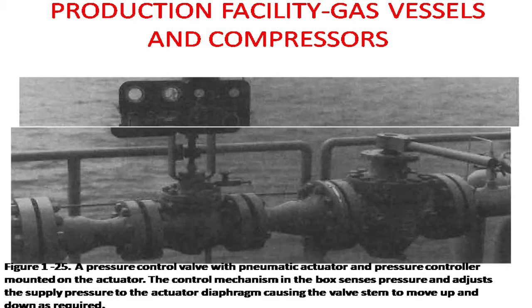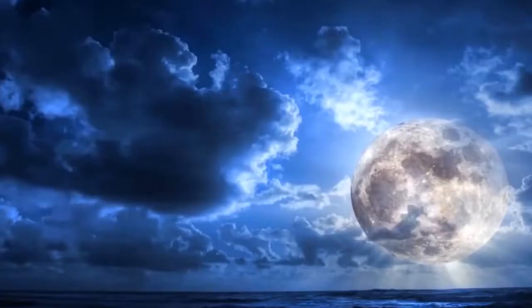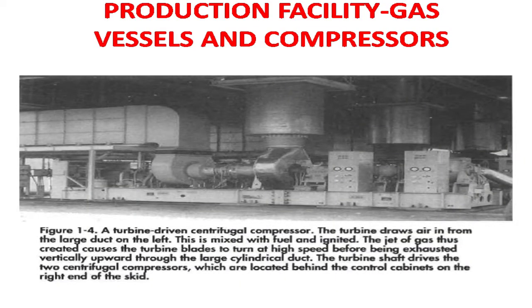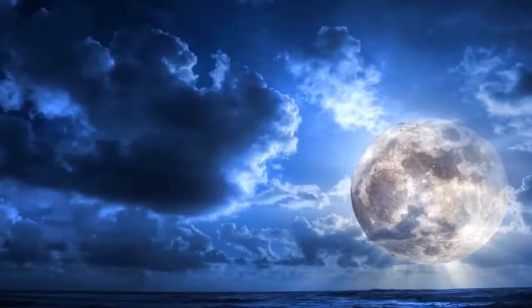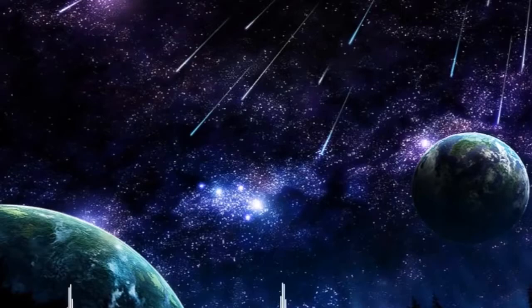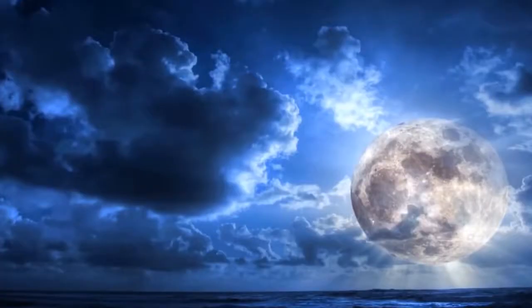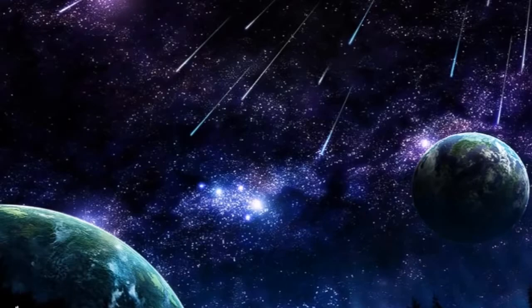Now we're going to look at the wellhead and manifolds. The production system begins at the wellhead and includes at least one choke unless the well is on artificial lift. Most of the pressure drop between the well flowing tubing pressure, that's the FTP, and the initial separator operating pressure occurs across the choke.